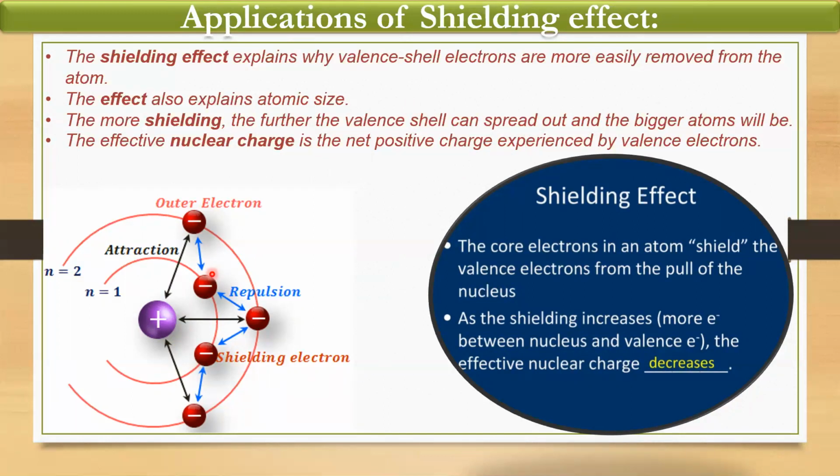But if there is no attraction between the outermost shell electrons and the nucleus, then the atomic size is big. The effective nuclear charge is the net positive charge experienced by the valence electron, as already explained. As shielding increases, the effective nuclear charge will decrease.